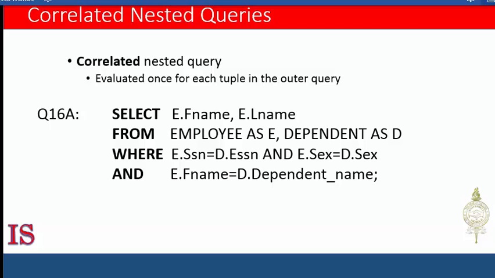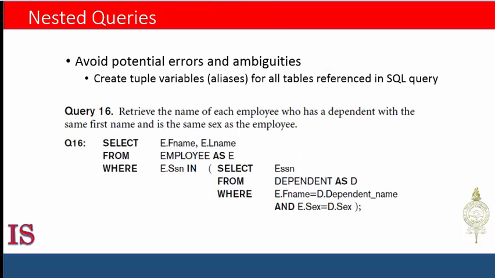For example, we can think of Q16 as follows. Let's back up and take a look at Q16. If the SSN of the employee tuple is in the result of the nested query, then select that employee tuple.